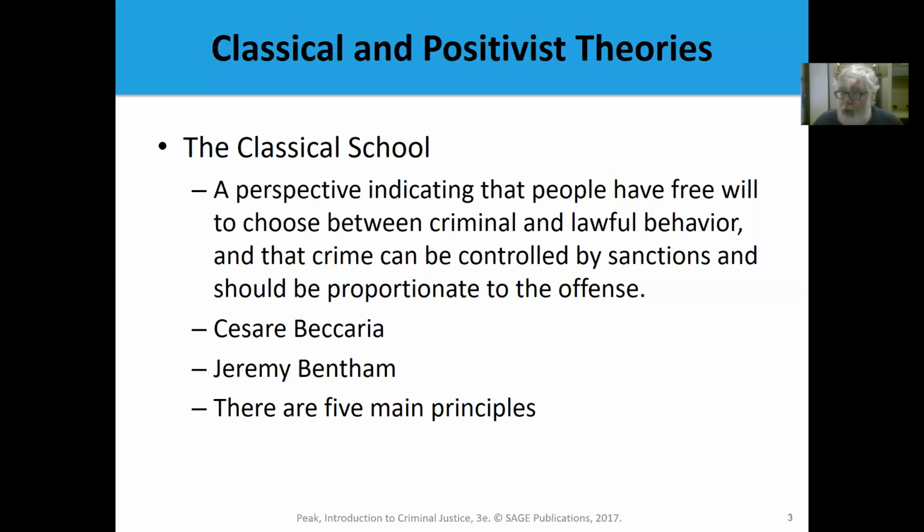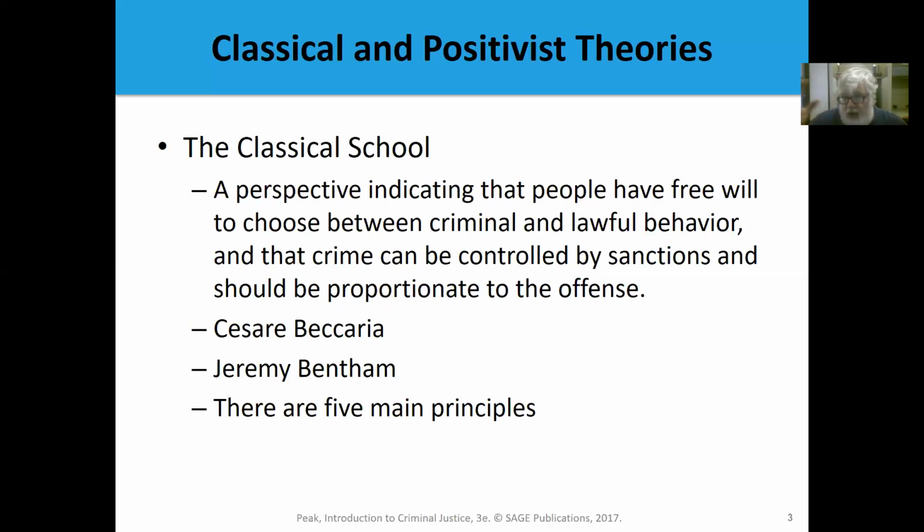These theorists also believe that crime could be controlled by sanctions that would be proportionate or equal to the offense. So that if somebody committed a crime, there's some type of consequence or sanction in place that is going to control them or maybe deter. One of the things we talk about is deterrence, that some people might see, well, if I am going to go to prison for committing a robbery, I don't want to commit that robbery.